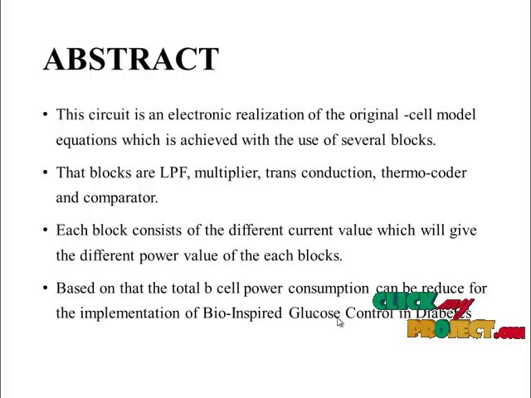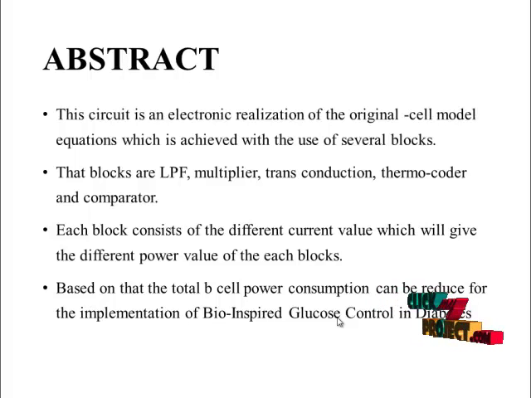Those blocks are low-pass filter, multiplier, transconductance, thermocoder, and comparator. Each block consists of different current values, which give different power values for each block. Based on the total beta cell power consumption, the implementation of bio-inspired glucose control in diabetes can be reduced.